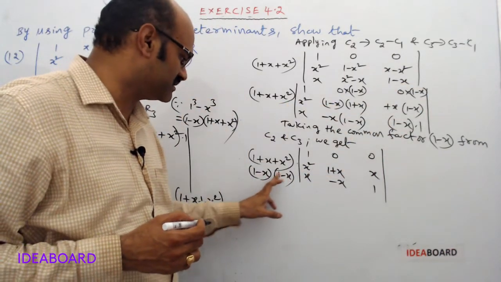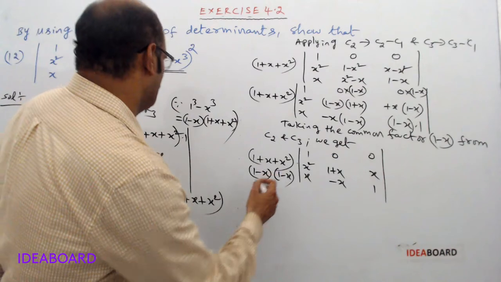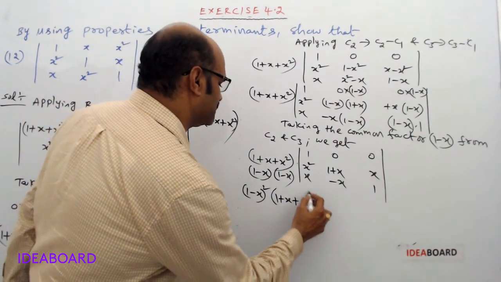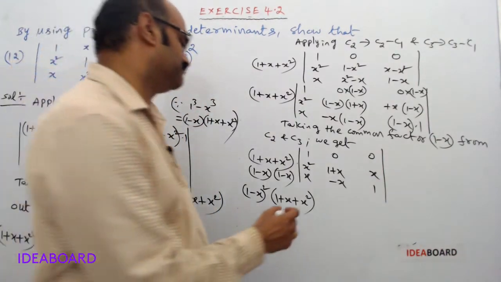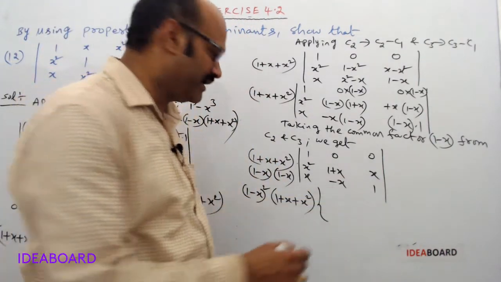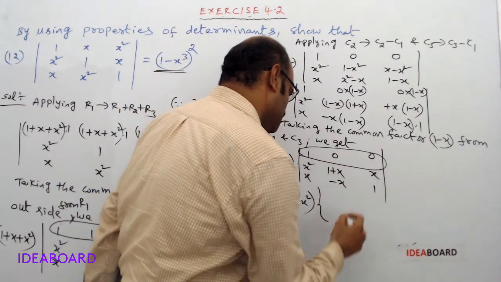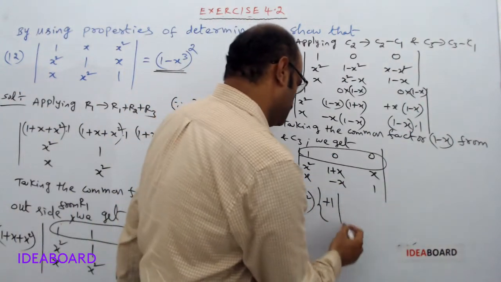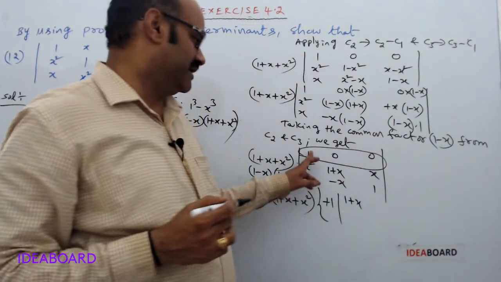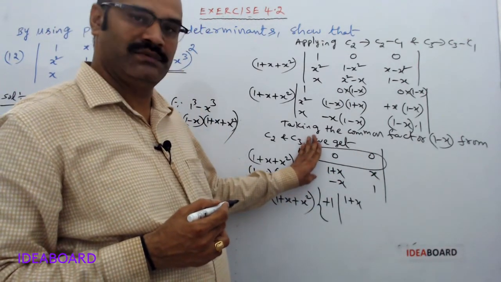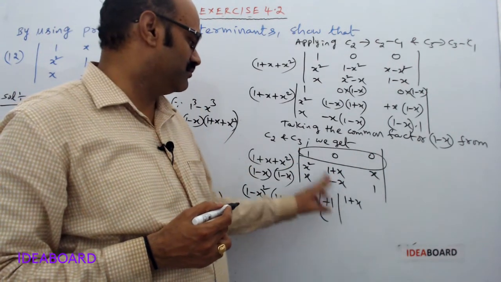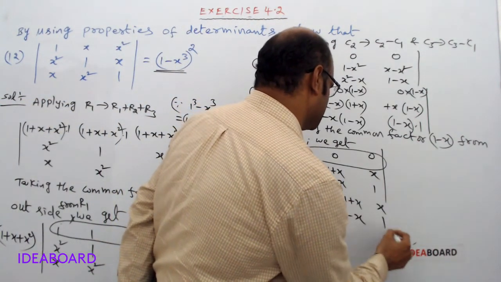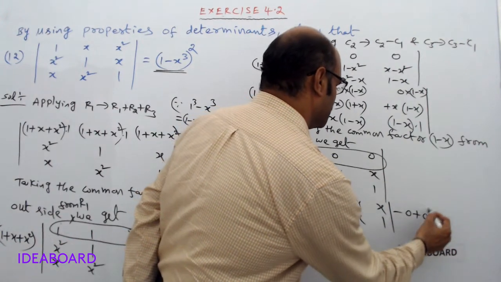So we get (1 − x) whole square into (1 + x + x²) into, expanding along R1, plus 1 into the determinant of the remaining four elements: 1 plus x, x, minus x, 1, minus 0 plus 0.